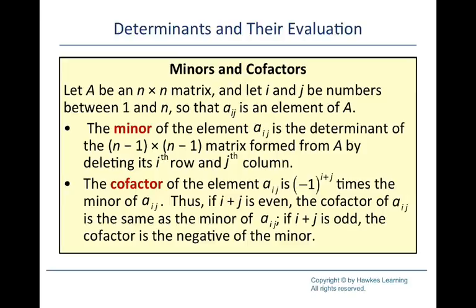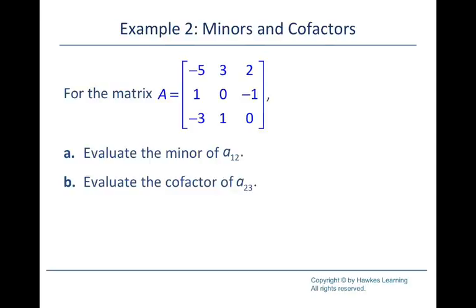Okay, so let's talk about this a little bit. Evaluate the minor of A12. Well, A12 is row 1, column 2. That value of 3 is A12. So we're going to cross out row 1 and column 2.